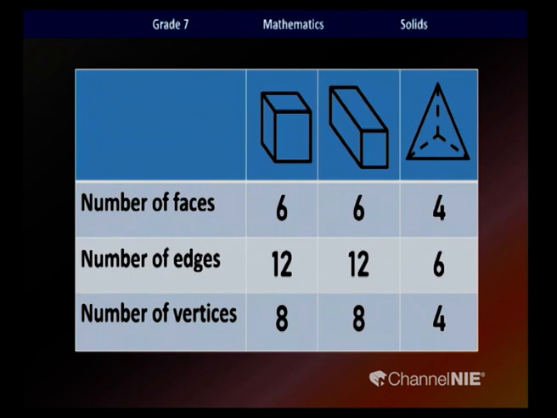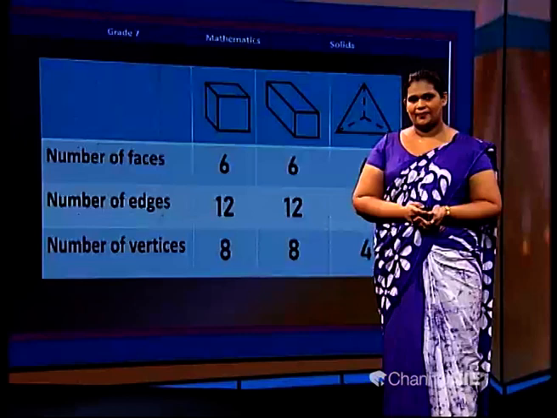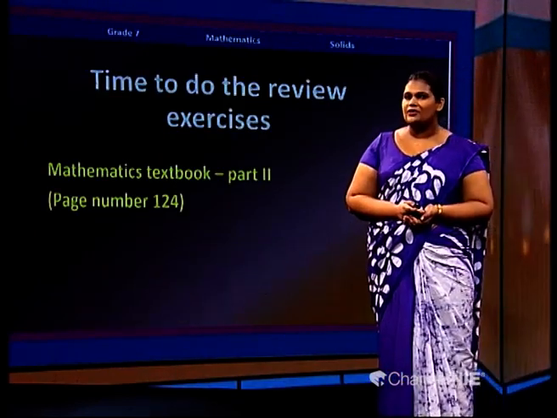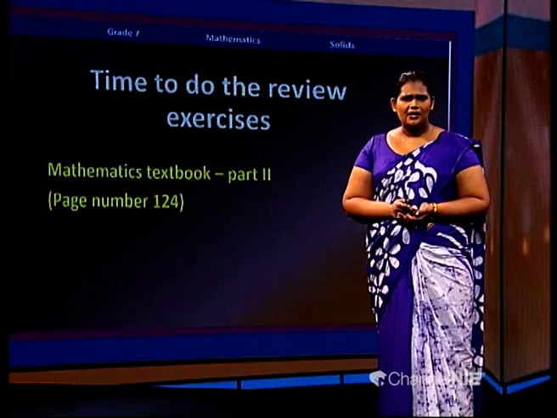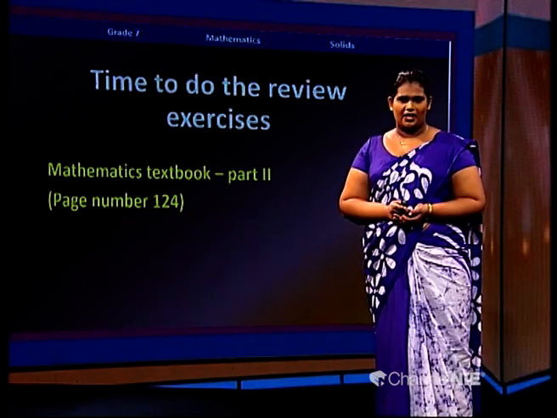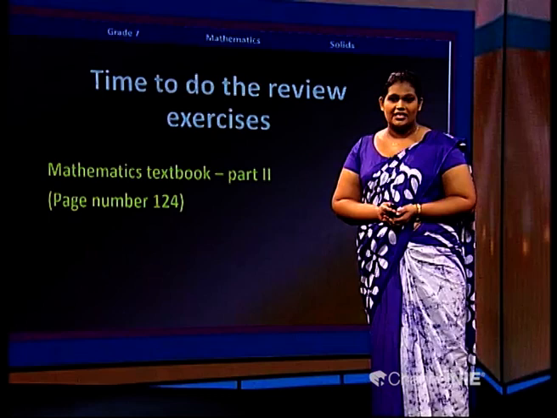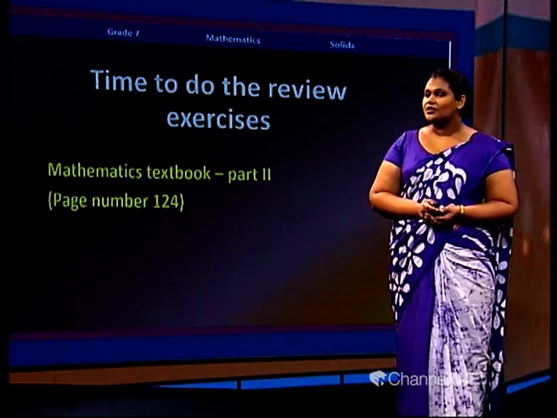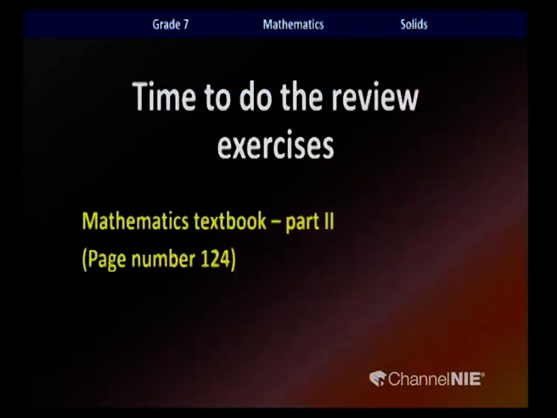When we talk about the regular tetrahedron, we have 4 faces, 6 edges and 4 vertices. Right, now it's time for you to do the review exercise. I'm sure you have done it already because you are ready for the lesson beforehand. Therefore, we'll quickly move on to the grade 7 solid lesson.